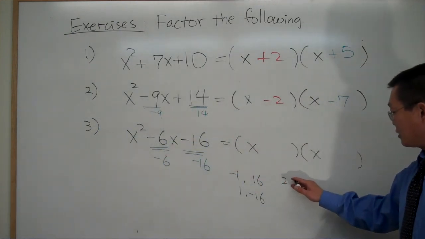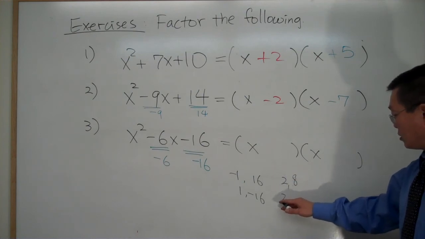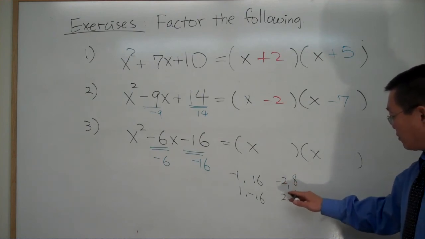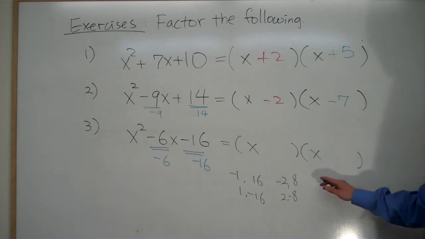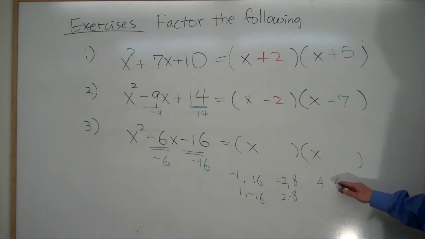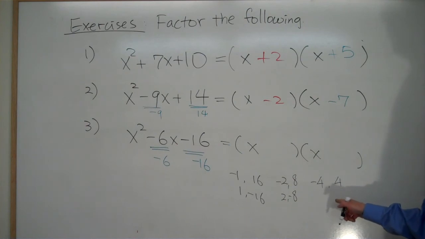I've got 2 times 8, one of them carrying a negative. Those are 2 pairs. I also have 4 times 4. Now in this case, I don't need to write another pair because it's 4 and negative 4 anyways.